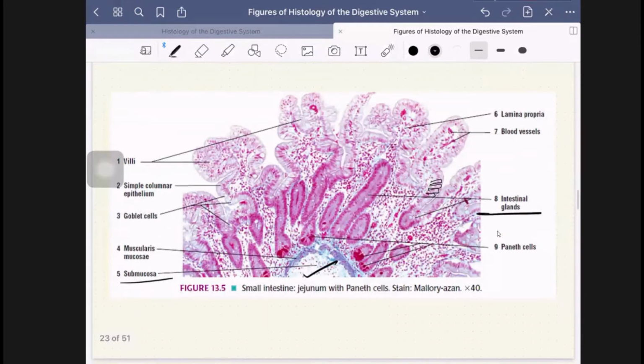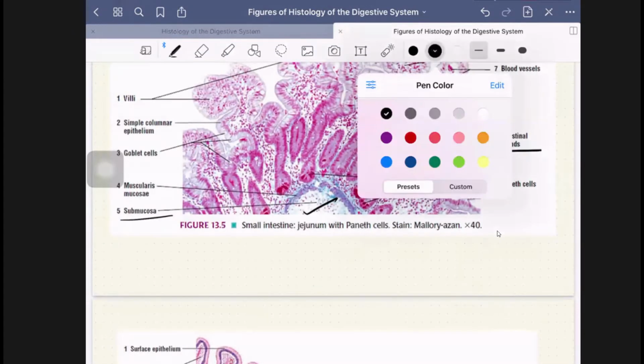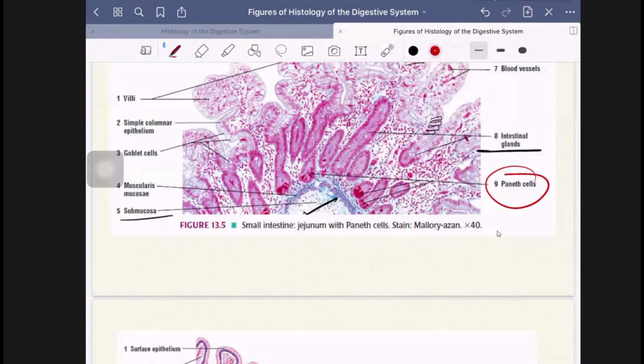And in the jejunum, there is an important cell called the Paneth cell. So if anyone asks where you will find Paneth cells, which is important for the MCQ, the answer will be jejunum. Can you hear me? Yes, sir.